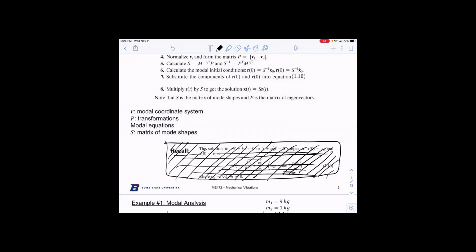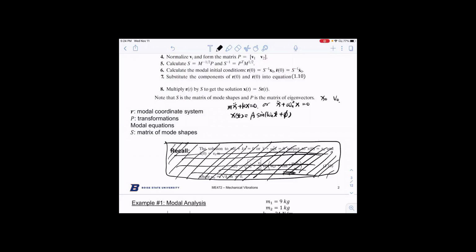So if you have a system m x double dot plus kx equal to 0, or x double dot plus omega n squared x equal to 0, initial position is x naught, initial velocity is v naught. The best way to solve it is you still assume that your x(t) is A sine(omega n t plus phi).